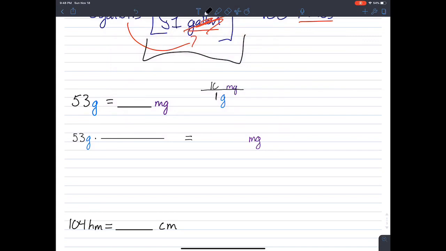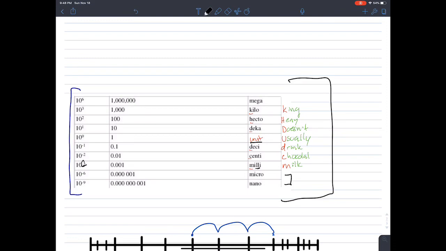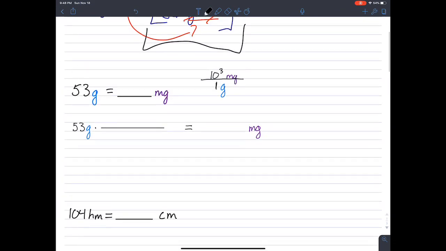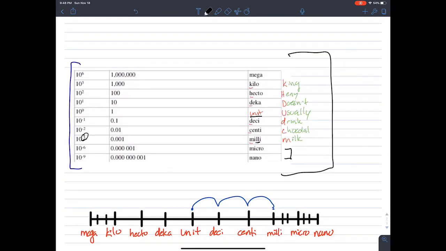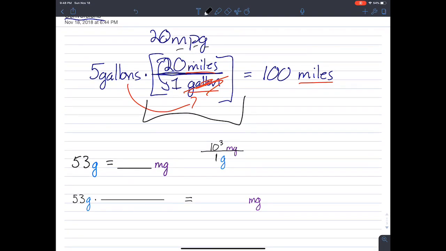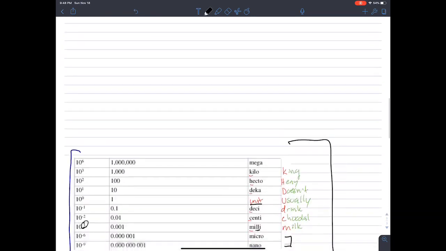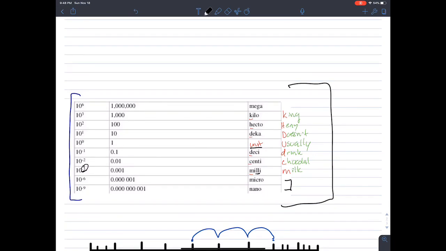Okay, so that's the same thing as saying ten to the third milligrams, like we see down here, 10 to the negative third, right here, same as saying 10 to the third milligrams per gram. Now, we could also copy directly from this, and here what this is telling us is that there's 10 to the negative 3 grams per milligram. So I'll flip it around.